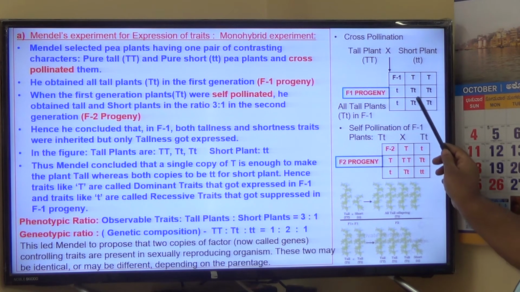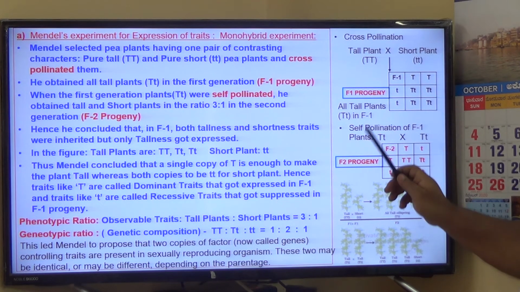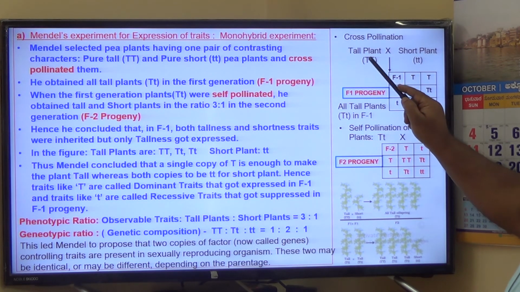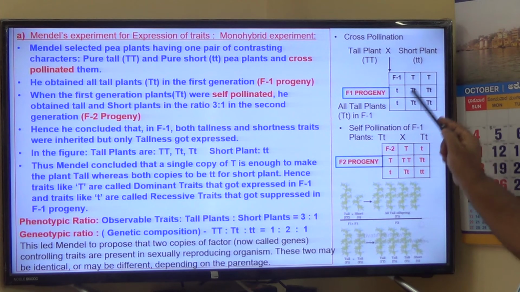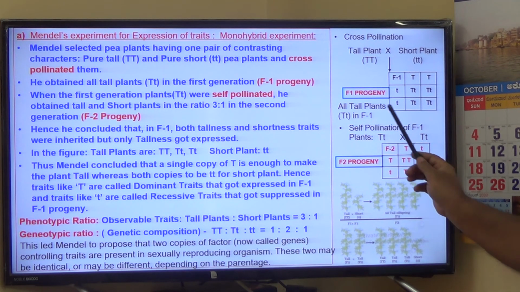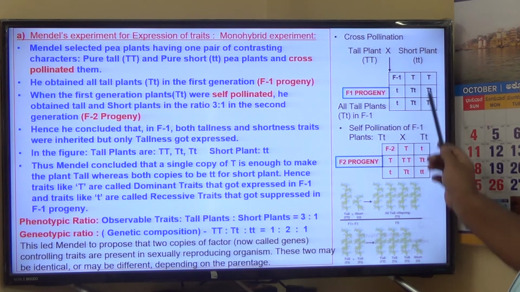No short plants were observed when the purely bred tall plant and the purely bred short plant were cross-pollinated. All the plants in the F1 progeny are tall.